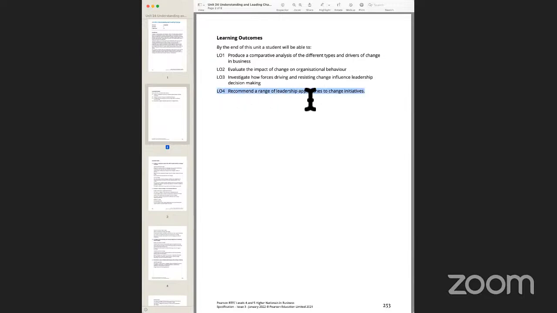The last learning outcome that we are studying today is basically talking about recommendations that we have to make, which are going to be related to a range of leadership approaches that can be used to bring across change initiatives within the organization. What does that mean?